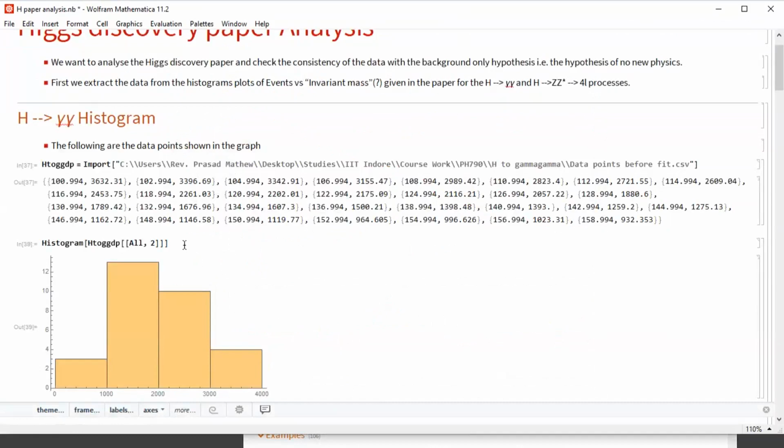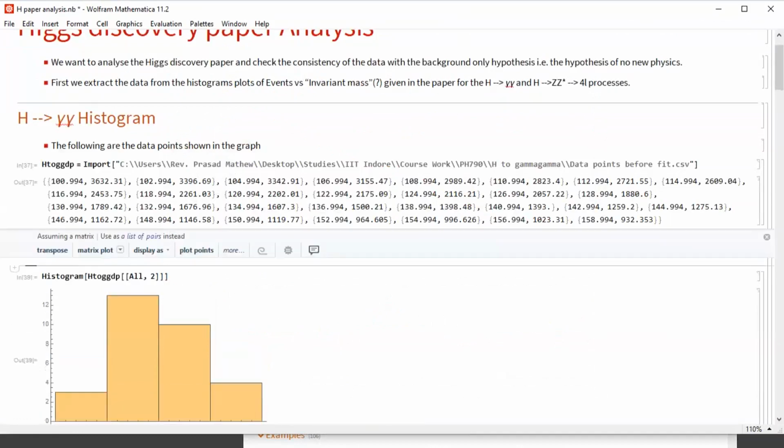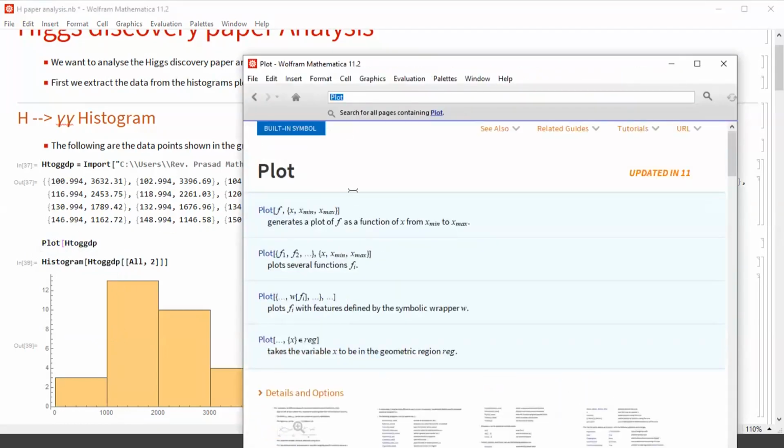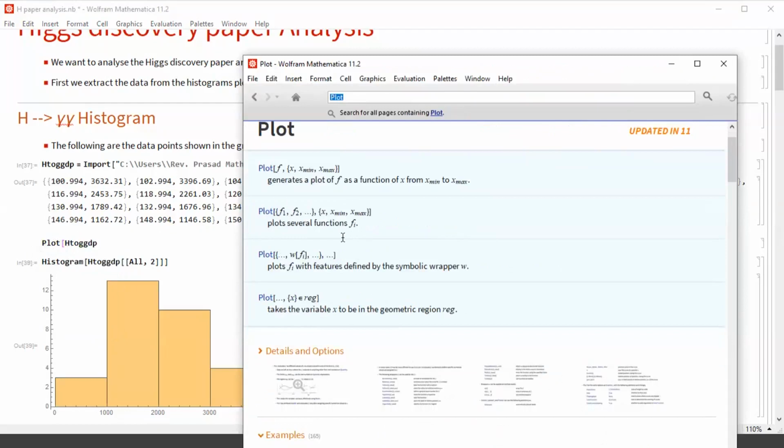Does anyone else know how to do this in any other code? Suppose given this two-dimensional data, how to plot a histogram? In Python, I guess the command is hist and in brackets x comma y, and we define the x and y at the beginning of the histogram.